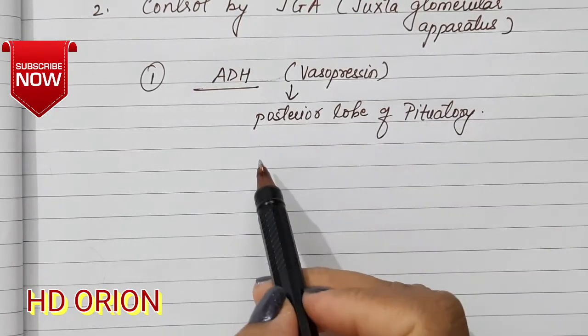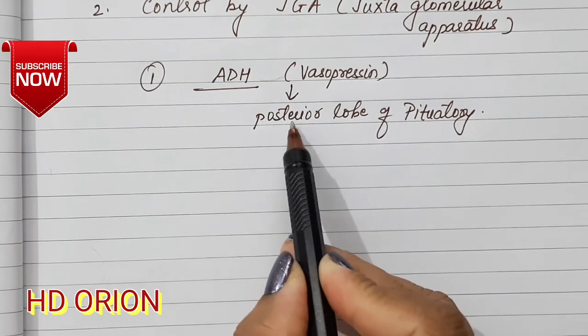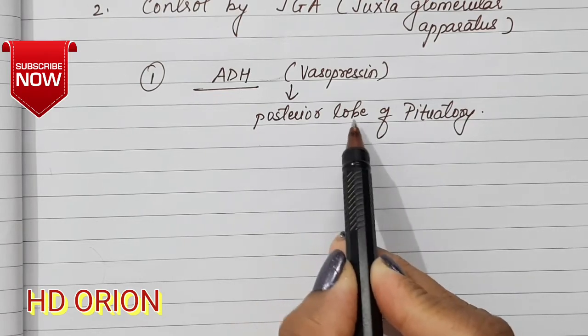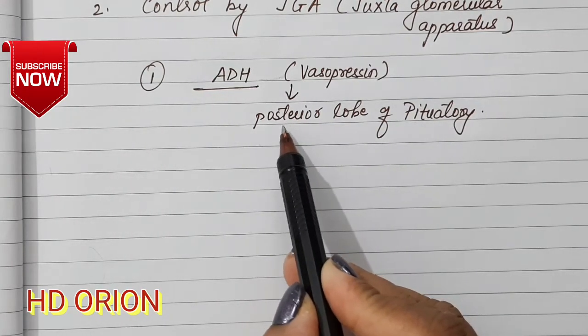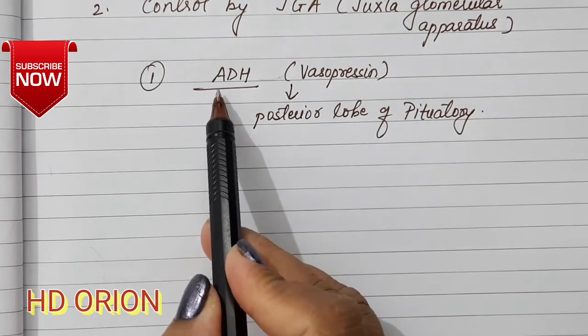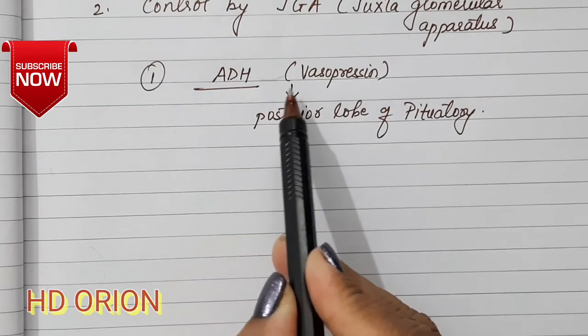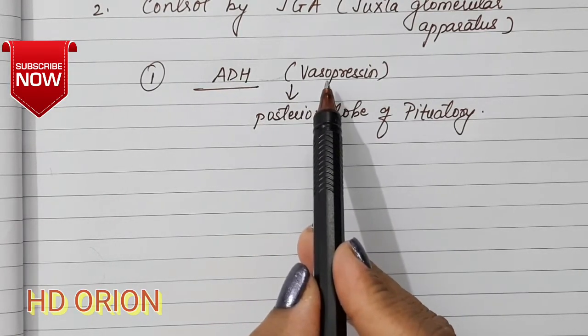So if you remember, there were three lobes of pituitary: the anterior lobe, the intermediate lobe, and the posterior lobe. So there were two hormones that were secreted by the posterior lobe. The first hormone is ADH or vasopressin, the anti-diuretic hormone.